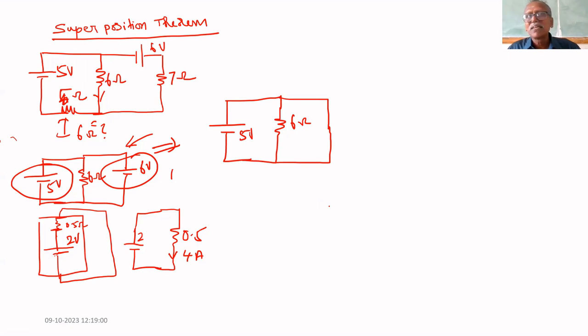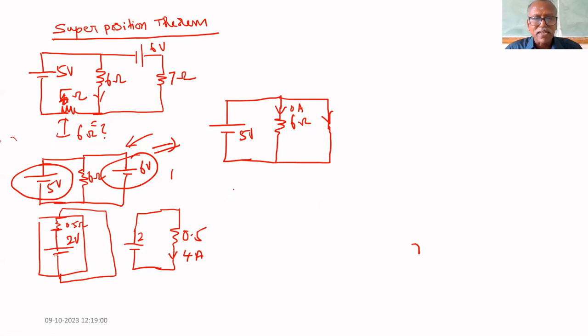Current through 6 ohm is 0 because current always prefers the short circuit path, the lowest resistance. That's why the entire current, infinite current, will go through this. So the current through 6 ohm is 0 ampere.